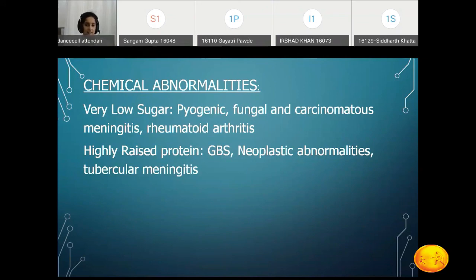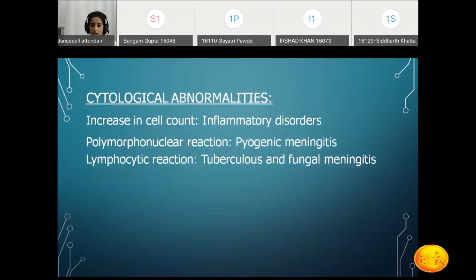In demyelinating disorders, when all the nerves are undergoing polyradiculitis, like in GBS, they are shedding their myelin sheaths. So all of that myelin sheath appears in CSF. So the proteins are highly raised but the cells are absent, also known as albuminocytological dissociation.